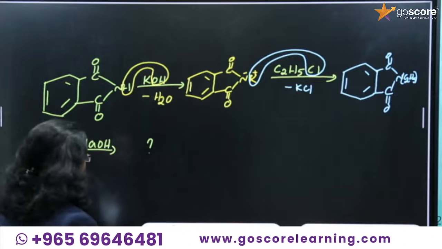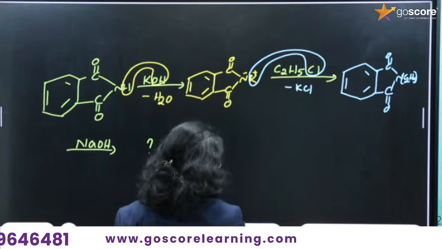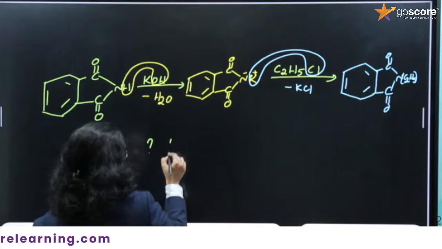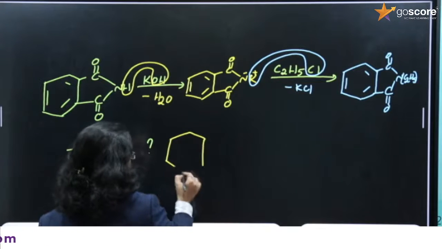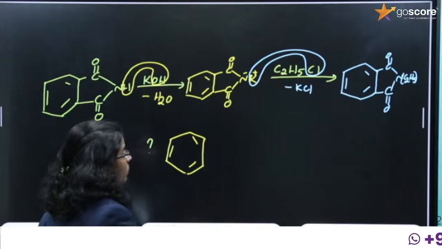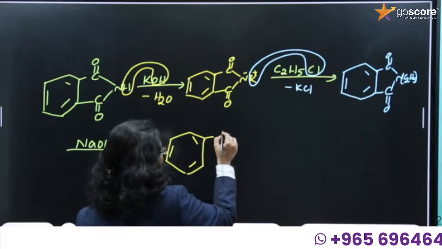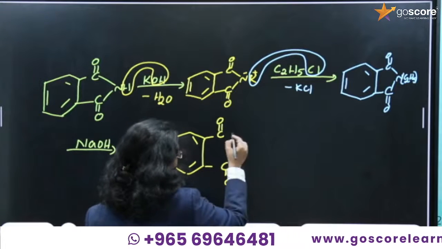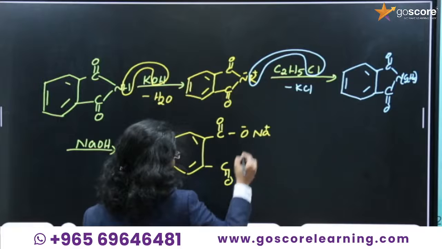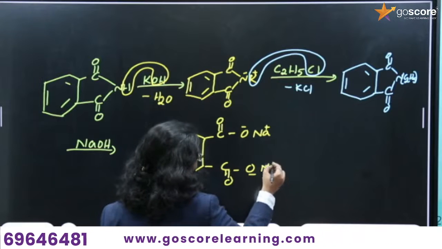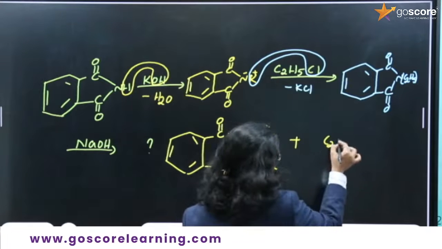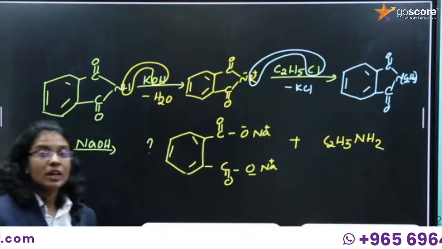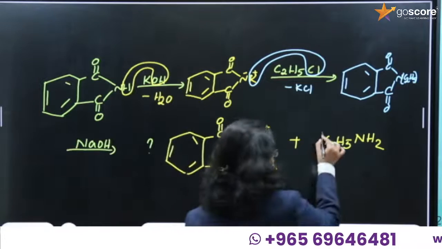Then on treating with NaOH, you will get the sodium salt plus C2H5NH2. This is called ethanamine. Is it clear? The product will be ethanamine.